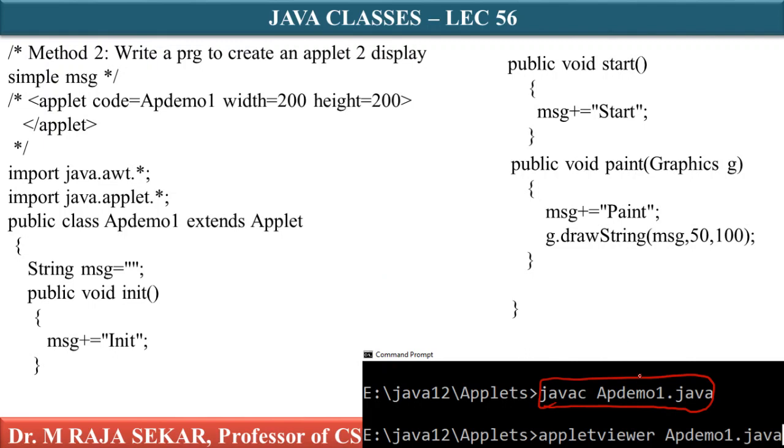This program name is appdemo1.java. How can I execute this one? appletviewer appdemo1.java. Whereas if you have a separate HTML file, like the previous program, here I must write its name, the HTML file name.